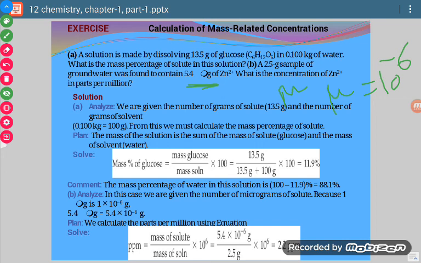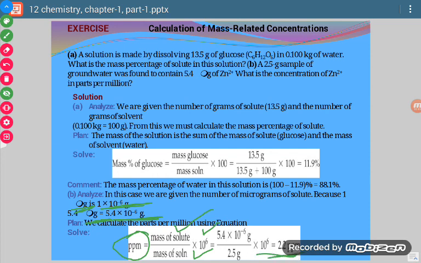It is written 5.4 microgram of zinc. What is the concentration of zinc in parts per million? So 1 microgram is 10 raised to power minus 6 gram. So 5.4 microgram will be 5.4 into 10 raised to power minus 6. So ppm is equal to mass of solute over mass of solution into 10 raised to power 6. So we can calculate, it will come out to be 2.2 ppm.